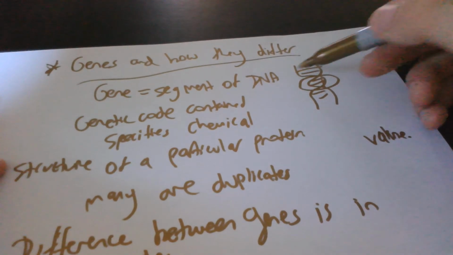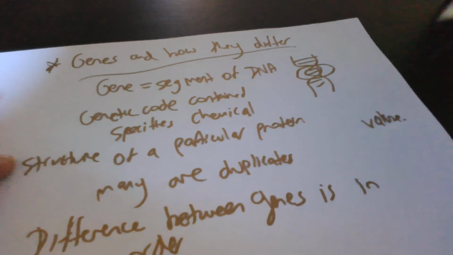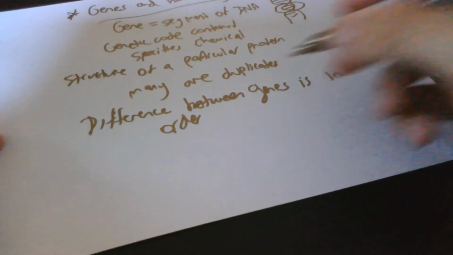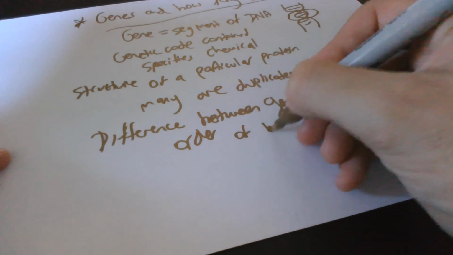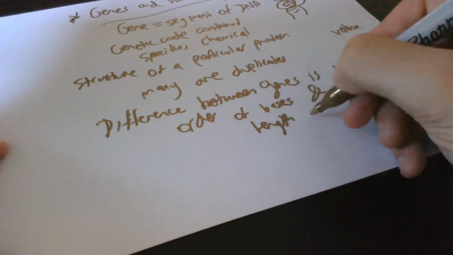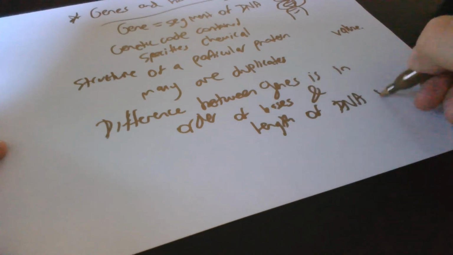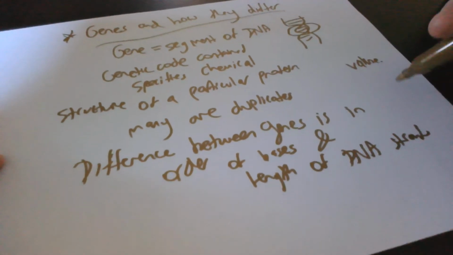Well, they're the same only if the base pairs are joined in the same manner. If they differ, then they're different. So the difference between genes is the order of bases and also the length of the DNA strands, remember? So the length will be different, and so you get different genes.